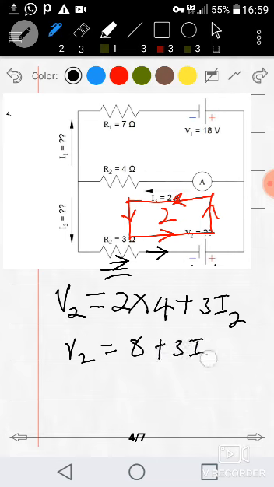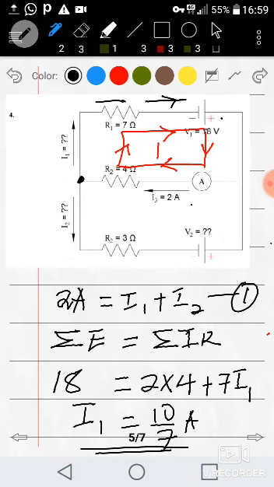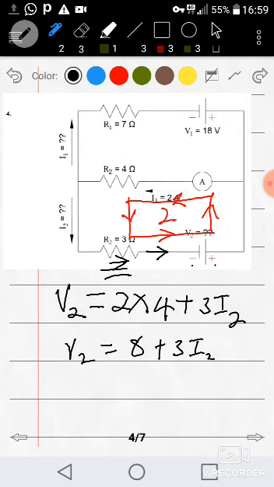Now what is I2? Remember, from this equation here, we have 2 being equal to I1 plus I2. So that means we should get I2 by saying that I1 plus I2 from equation 1 is equal to 2.